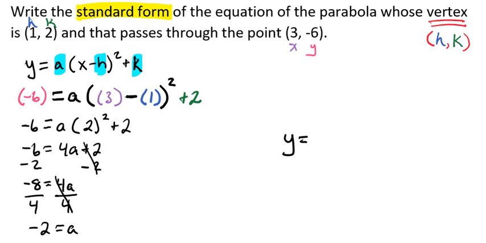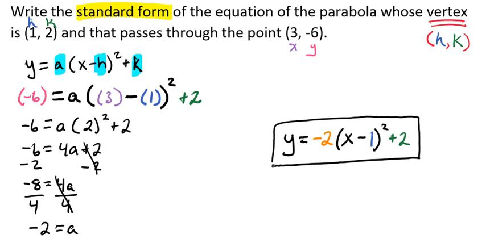Our a value is -2, so -2 times the quantity (x minus our h) squared, and then our k, which is +2. And we're done. We now have the equation of our parabola written in standard form. So you plug in what you have and find what you're missing, and then just write the equation.